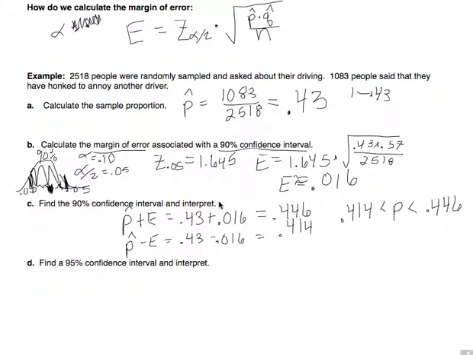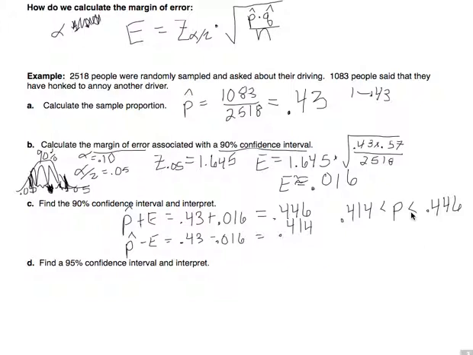But how would we interpret this? You would say we have 90% confidence that the true population proportion is between 0.414 and 0.446. There's not a 90% chance that it's contained in here, but we're 90% confident.